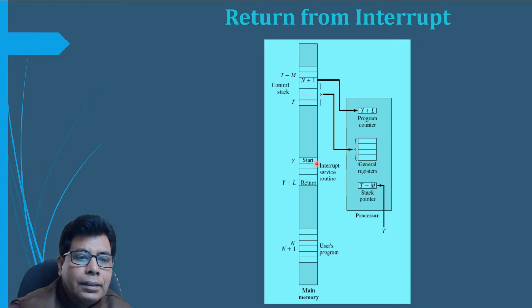Then the interrupt service routine, it is having the length y plus l. So up to this it is the interrupt service routine, it will be doing the interrupt processing. This is the user's program. So once everything is done in the return, it will come back to this user program.